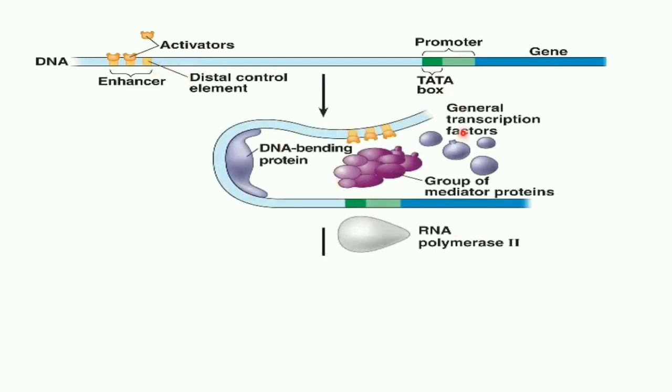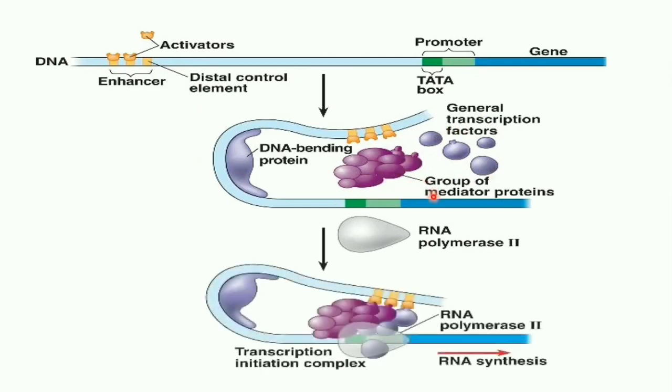These enhancers will come closer to this promoter region, and then the transcription factors and all will come together, and the RNA polymerase will transcribe. Can you see this enhancer?